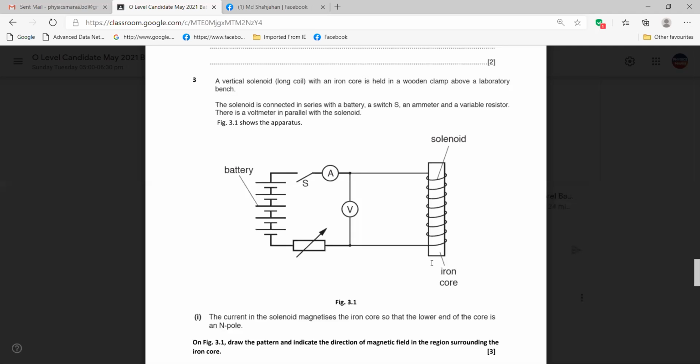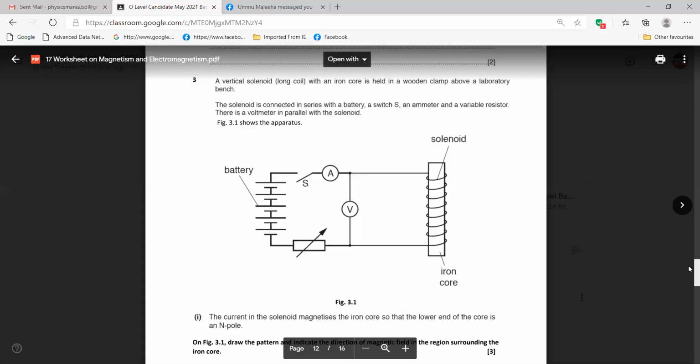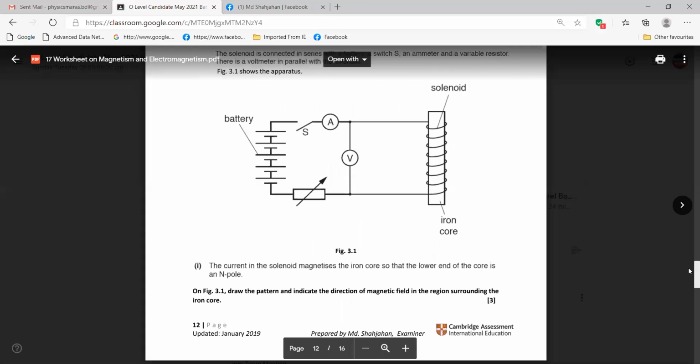So field lines will go from north to south this way, and you will give the arrow this way. Wait, sir, they said there, oh, direction of magnetic field. I gave the direction of current. Okay, no problem. Yeah, the direction of the magnetic field should be from north to south. They are saying to only give the direction of magnetic field lines.